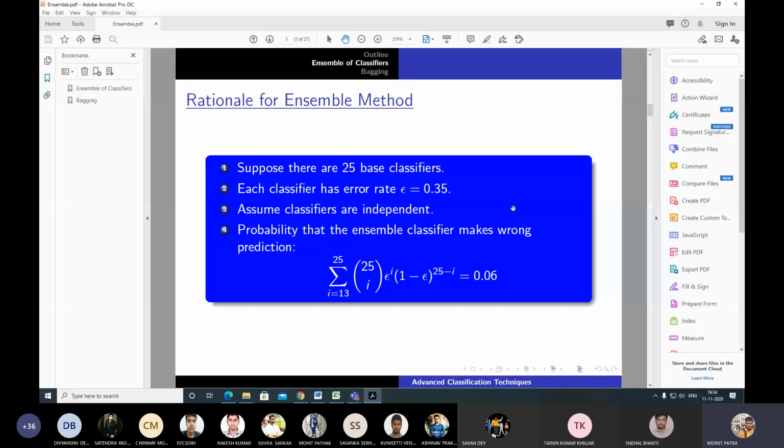Each classifier, let's say you have a training data set of 100 points. Now you generate a training data set with 100 points, but you use the resampling technique, sampling with replacement.